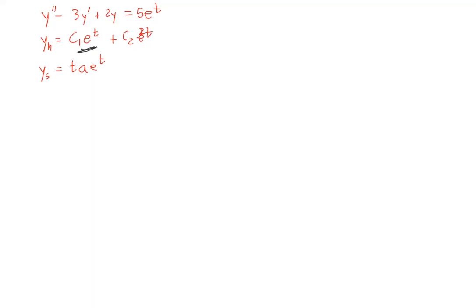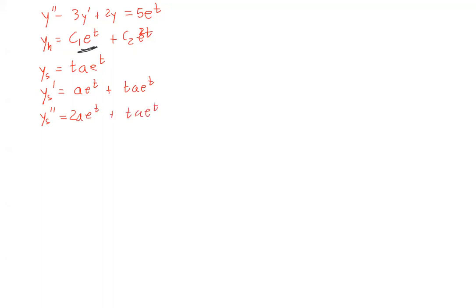And what is the derivative? The derivative is a e to the t plus ta e to the t. And the second derivative is 2a e to the t plus ta e to the t.